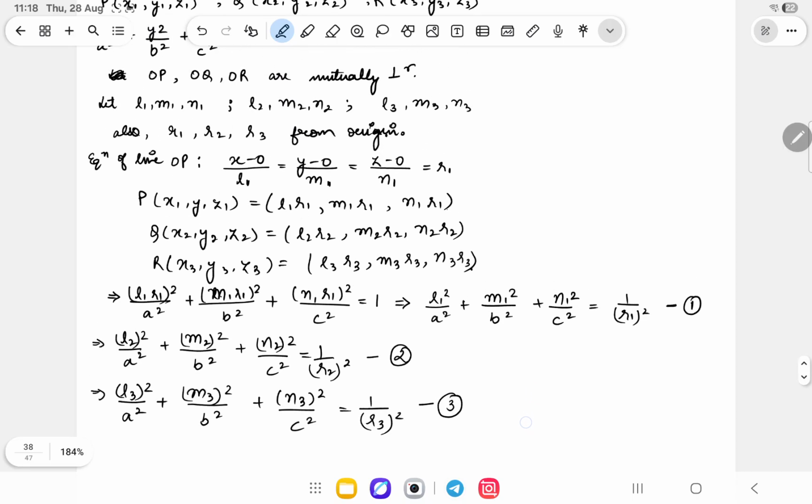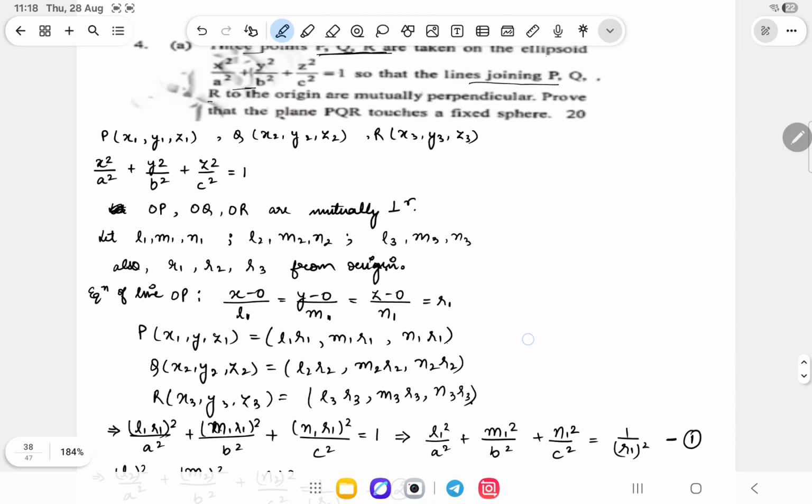If you observe, the question says that these lines OP, OQ and OR are mutually perpendicular. If these are mutually perpendicular, then their direction cosines must be satisfying certain conditions, that is L1 square plus L2 square plus L3 square equals to 1.